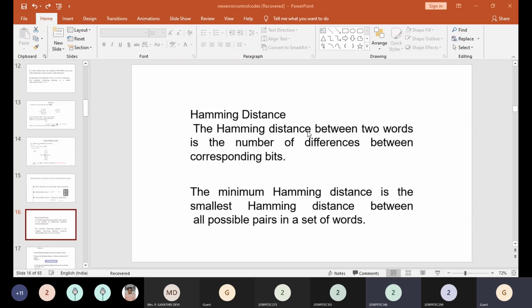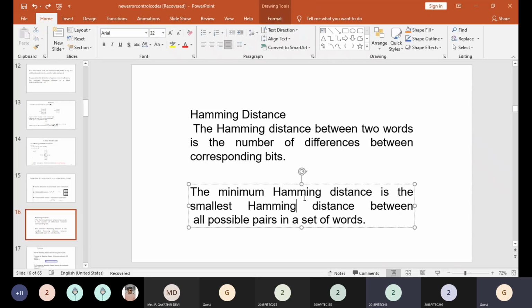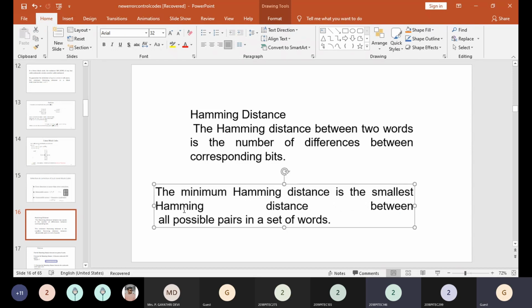We'll see problems in the forthcoming slides on how to calculate them. The minimum Hamming distance is the smallest Hamming distance between all possible pairs of code words.